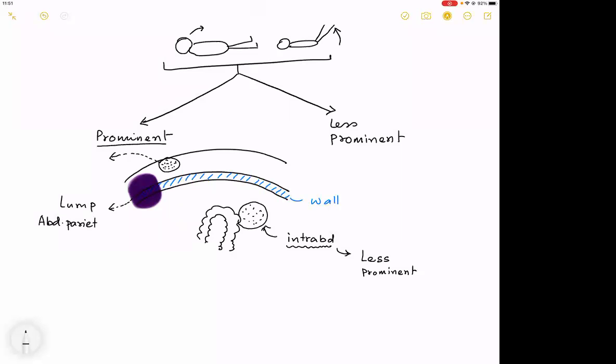Hematoma. Okay. Better called as which hematoma? Gynecologists have this commonly: rectus sheath hematoma.